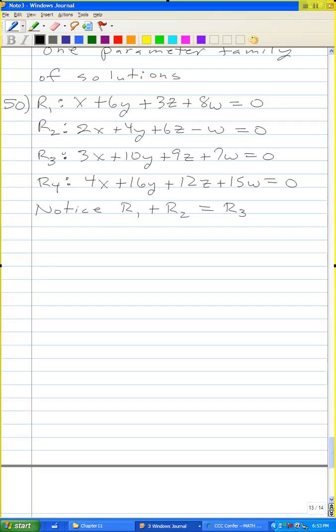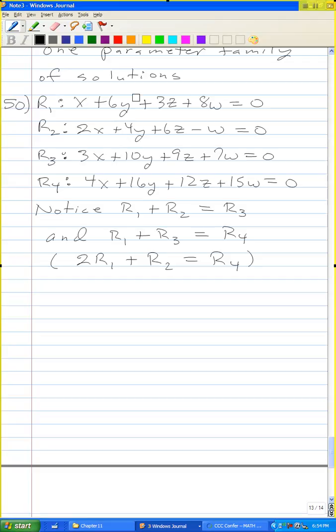And R1 plus R3 is equal to R4, meaning that 2R1 plus R2 is equal to R4.